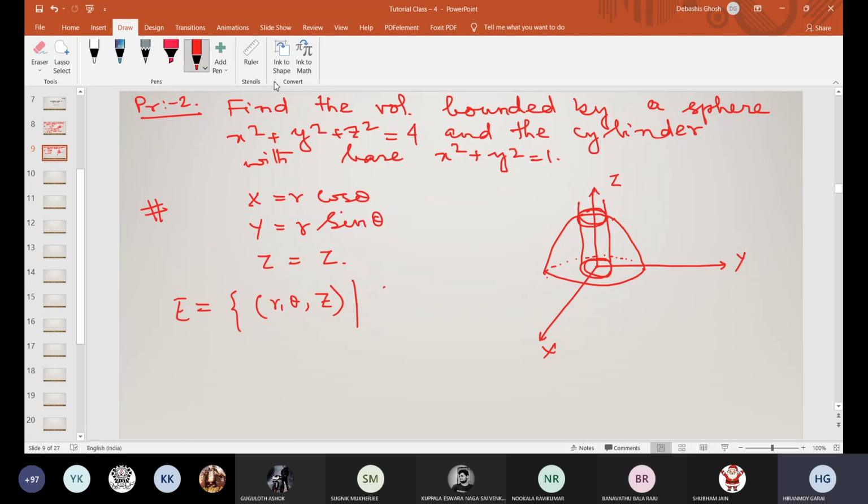So we are considering the upper portion, that is 0 to z, that is 4 minus r square, that is under root of 4 minus r square, and then again your r is ranging from 0 to 1, that is the common portion, and theta is equal to 0 to 2 pi.